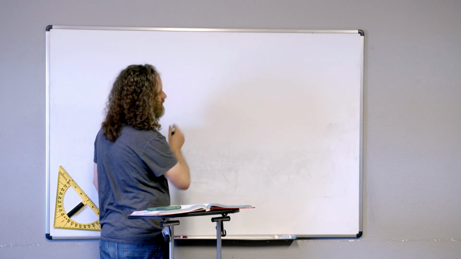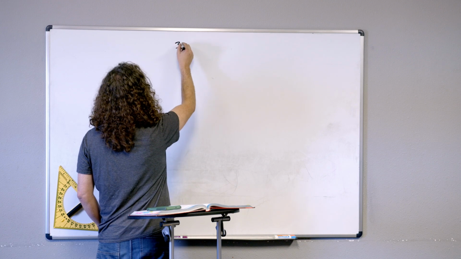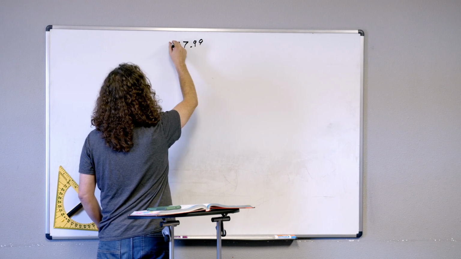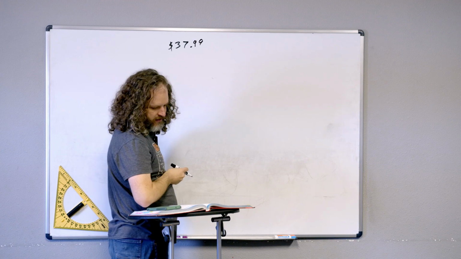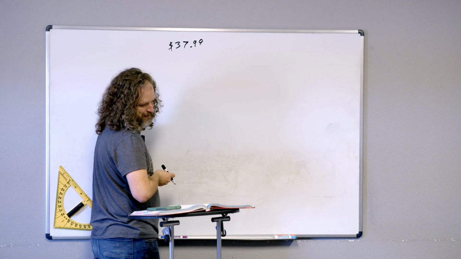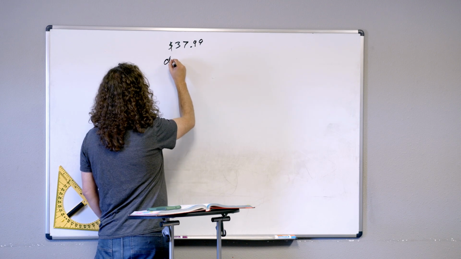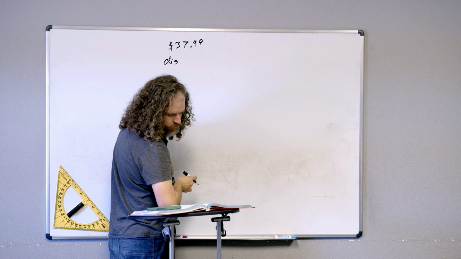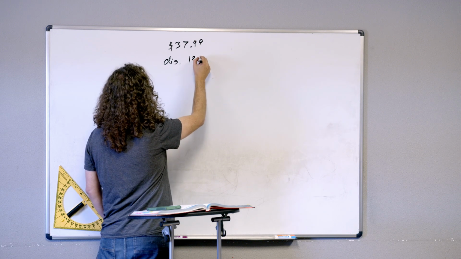All right, so we got a $37.99 sweater, which is a pretty good price for a sweater. Now you go to Kohl's in the clearance section, you might get something even cheaper, but it's got a discount of 12%.